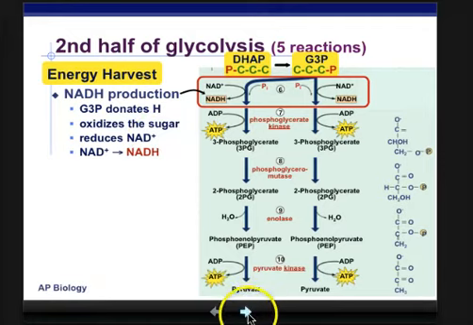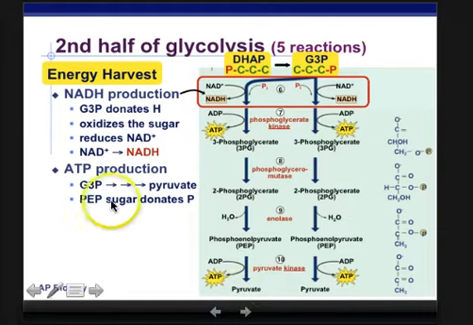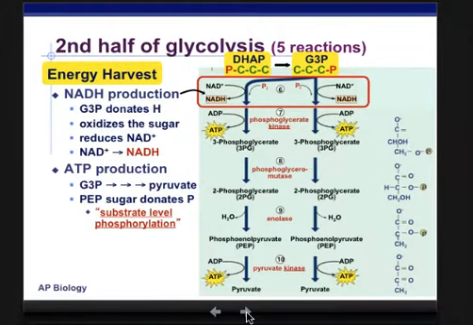And now we're going to start getting some ATP out of this, as we continue to convert this 3-carbon sugar into pyruvate. PEP is going to donate a phosphate, and that's substrate-level phosphorylation.